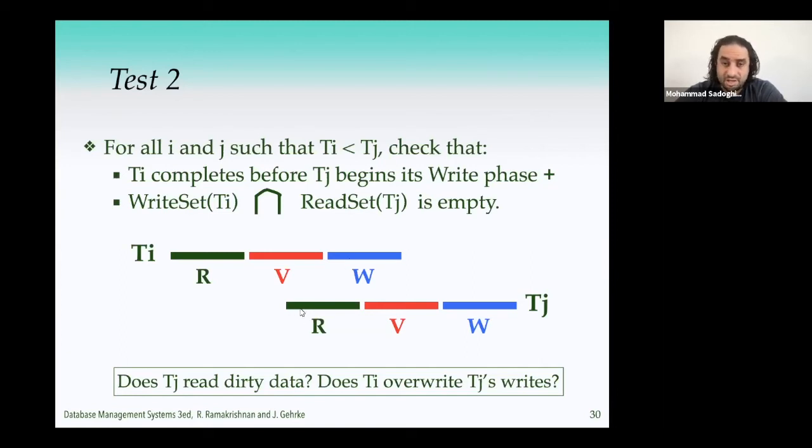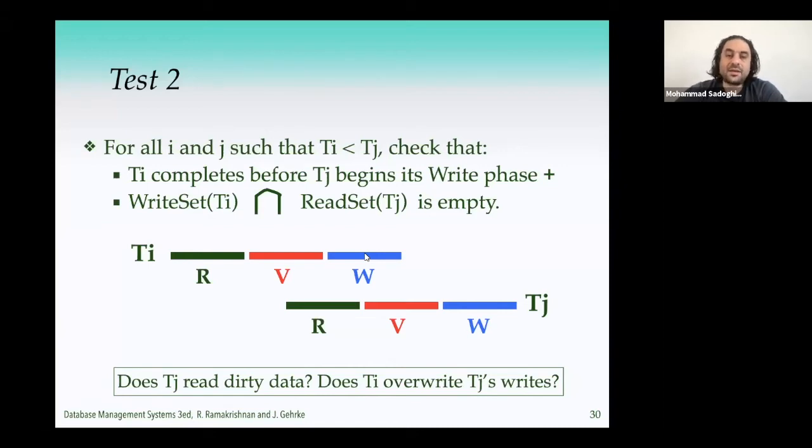For example, let's say what Ti is writing is identical to what Tj is reading. Since Tj's read started slightly earlier, before the Ti writes became visible, it's possible that only half of these writes are seen and half are not. That will violate our serializability.